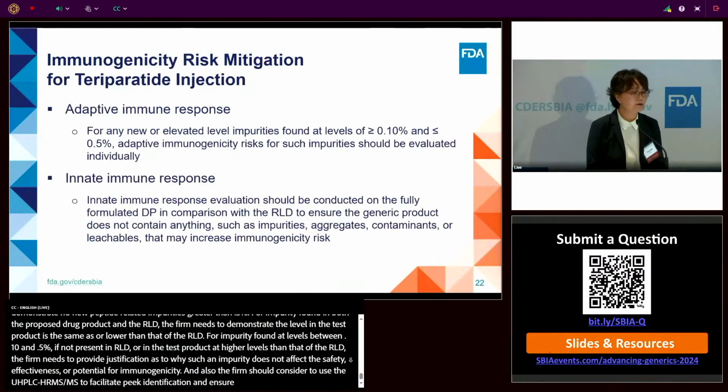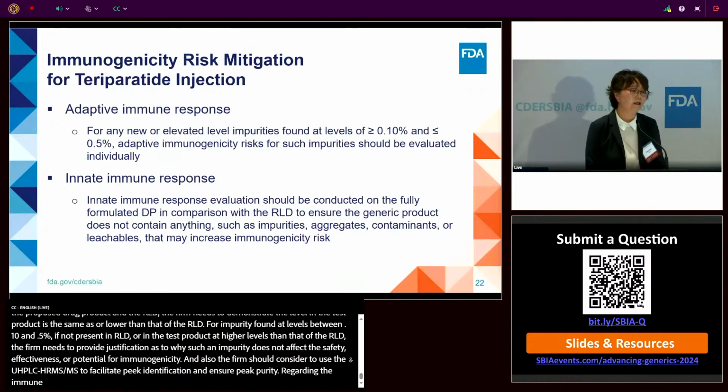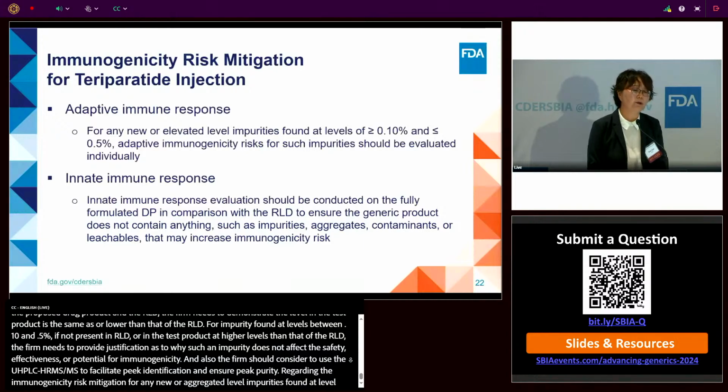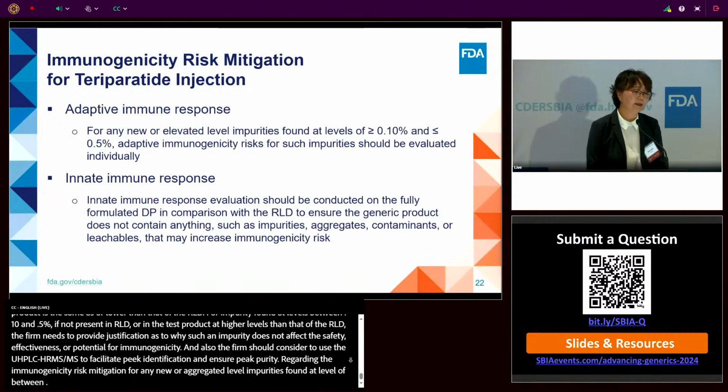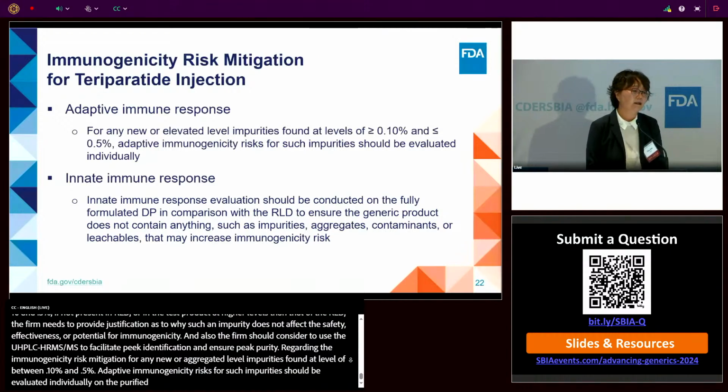Regarding the immunogenicity risk mitigation, for any new or elevated level impurities found at level between 0.10 and 0.5%, adaptive immunogenicity risks for such impurities should be evaluated individually on the purified impurity standard.